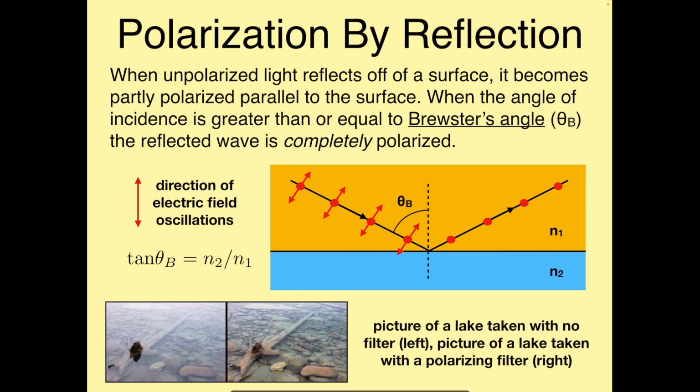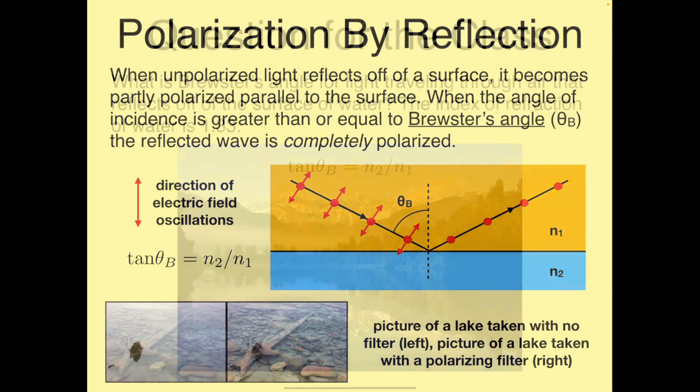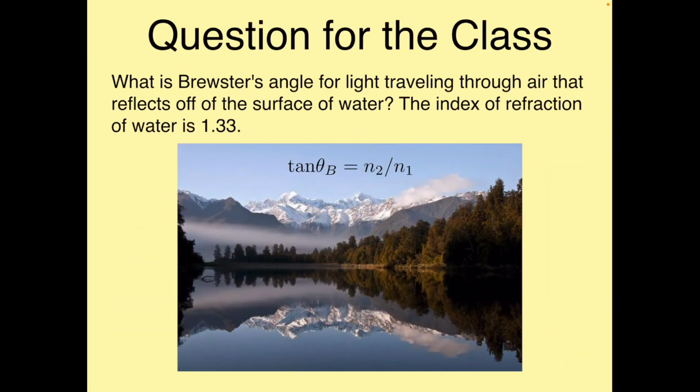Okay? So you can use polarizing filters to eliminate glare, to eliminate too much reflected light in your images. And so let's do a quick calculation. What is Brewster's angle for light that travels through air and then reflects off the surface of water?